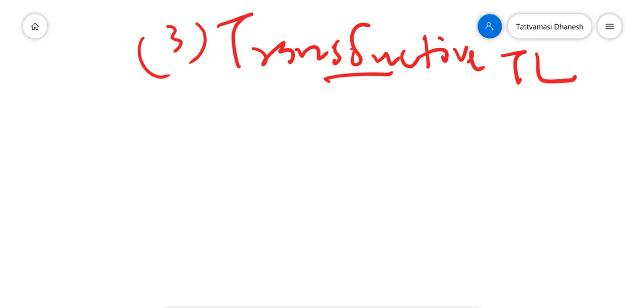Domain adaptation, sample selection bias, covariance shift are important areas where we use transductive transfer learning.